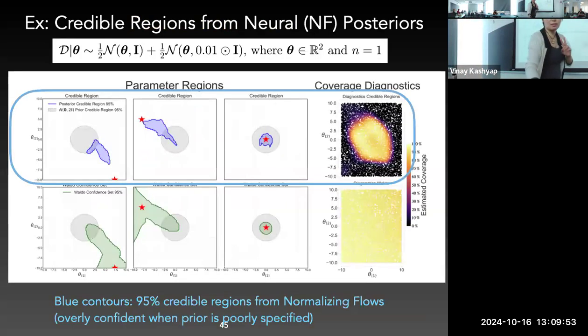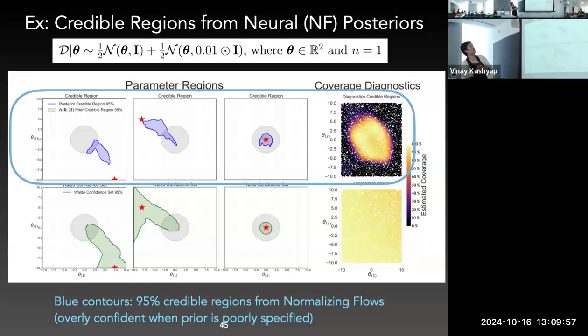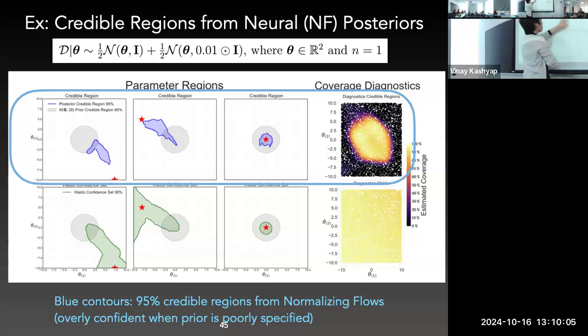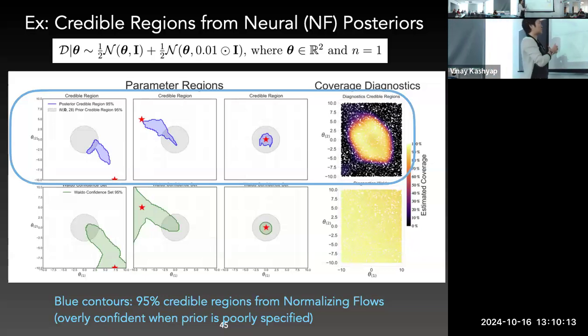Okay, so let's go to the other example of this, and then I have some more at the stall also. This is the example I showed, credible regions for neural posteriors. They look small, but they actually only capture the true value 30% of the time, in the frequentist sense. So I think that's not a good thing. And here we just frequentize the posterior. We didn't retrain the neural networks.